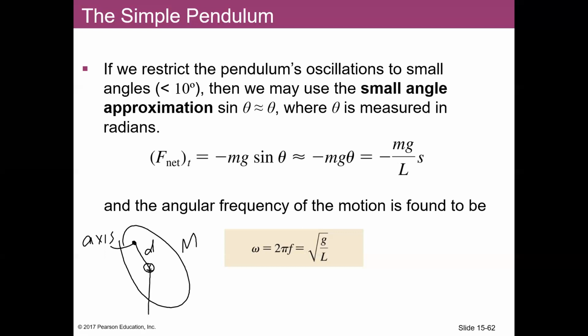Gravity still exerts a force downward, but since it's a rigid body, the gravity exerts a torque around that axis of rotation. And so the expression for the torque is tau equals, still, mg times d times sine of theta.